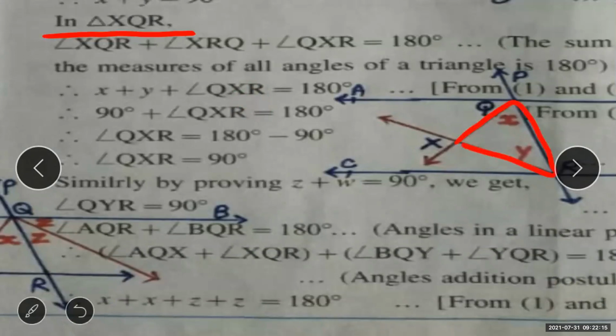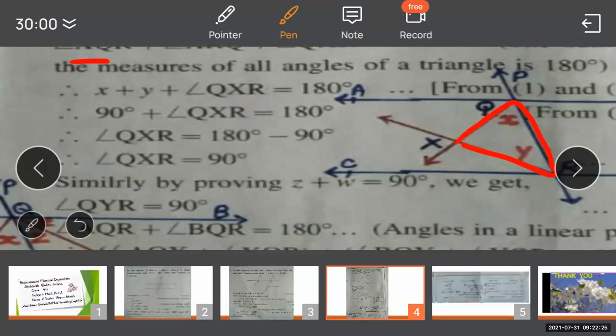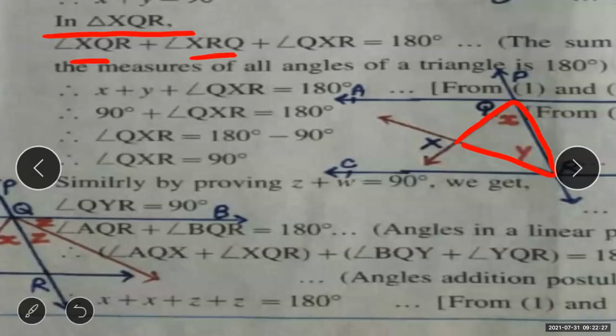Now in this triangle, the three angles are angle Q, angle R, and angle X. These are the three labels. I'm telling it in short. So the three angles together measure 180 degrees. The sum of the measures of all angles of a triangle is 180 degrees.